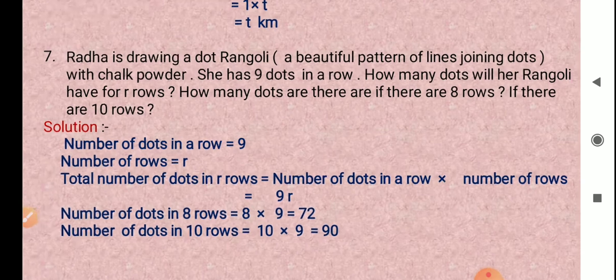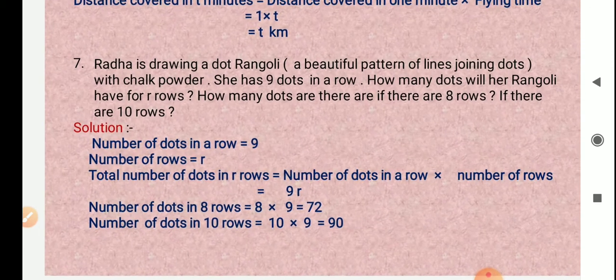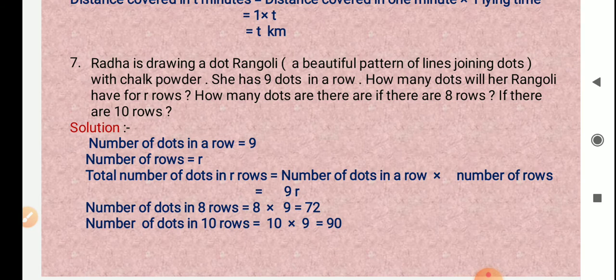Radha is drawing a dot rangoli, a beautiful patterns of lines joining dots with chalk powder. She has 9 dots in a row. How many dots will her rangoli have for R rows? How many dots are there if there are 8 rows or if there are 10 rows?